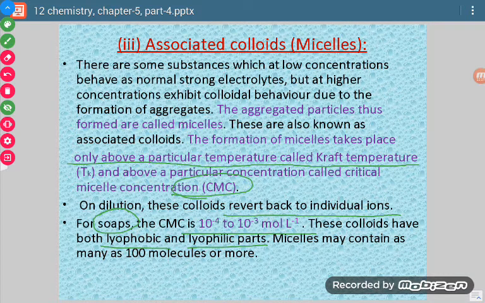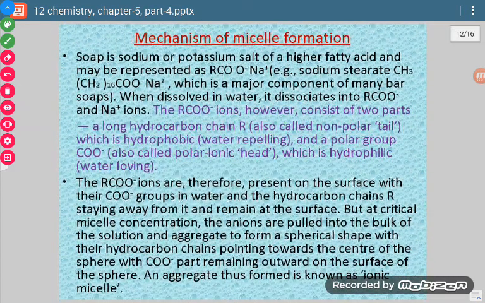Now let us discuss micelles, the mechanism of micelle formation. If we talk about soap, soap is the sodium or potassium salt of higher fatty acids. In general, we can represent it as RCOO-Na+, which when it ionizes forms RCOO negative ion and Na positive ion.